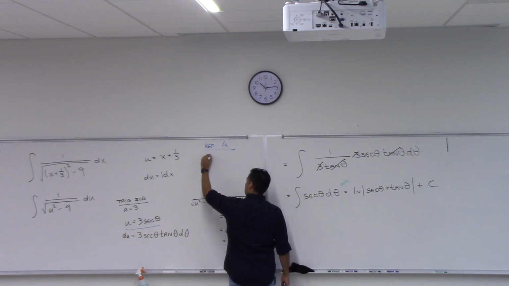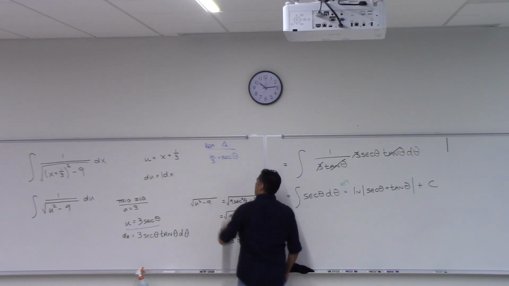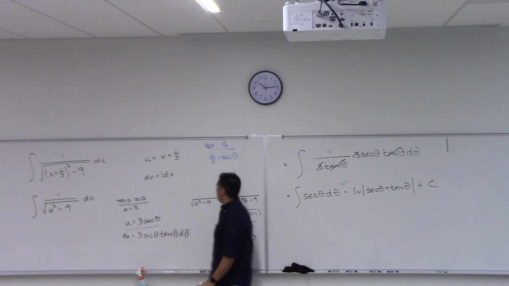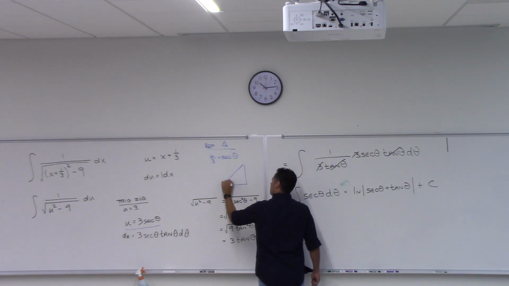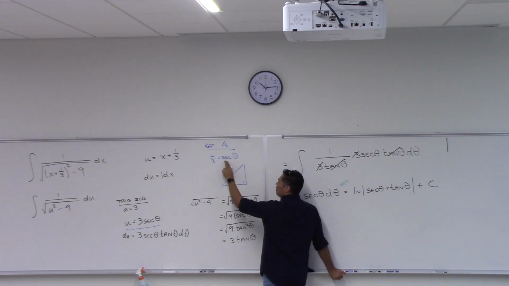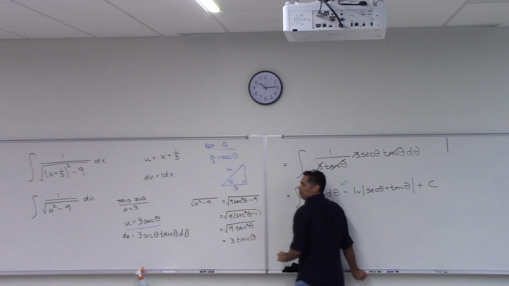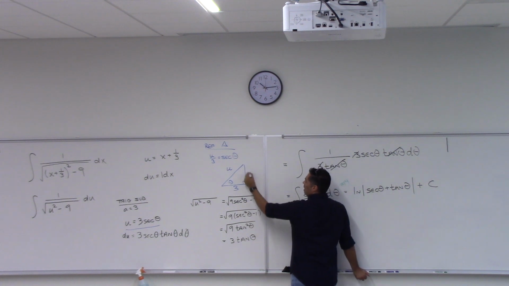So that's the same as saying u over 3 is secant theta, dividing both sides by 3. And then my triangle looks like the following. Here's theta. And secant is the reciprocal of cosine. So shouldn't this be u here and 3 here? Yeah, that's what secant is. And then this side has to turn into the square root of u squared minus 9.